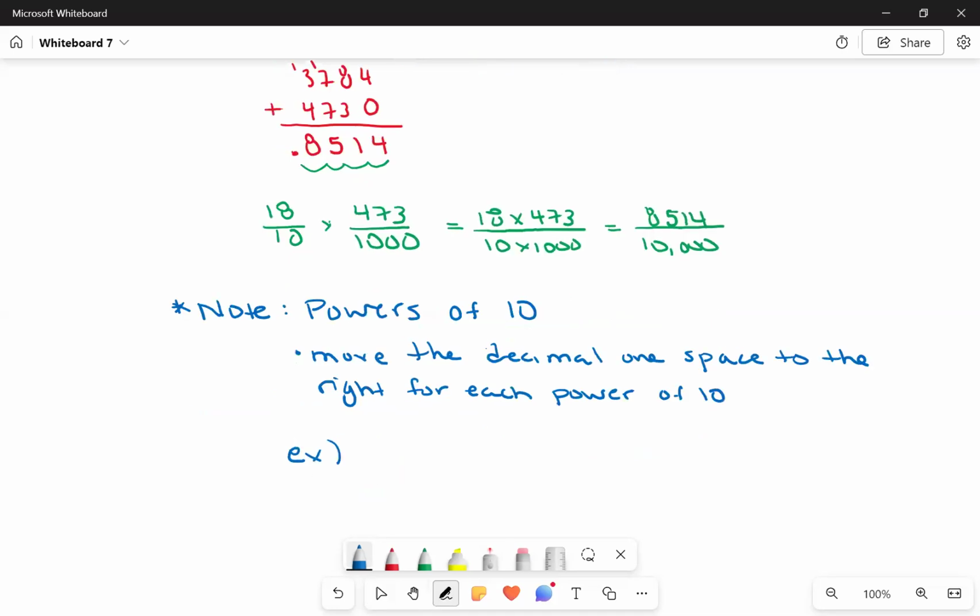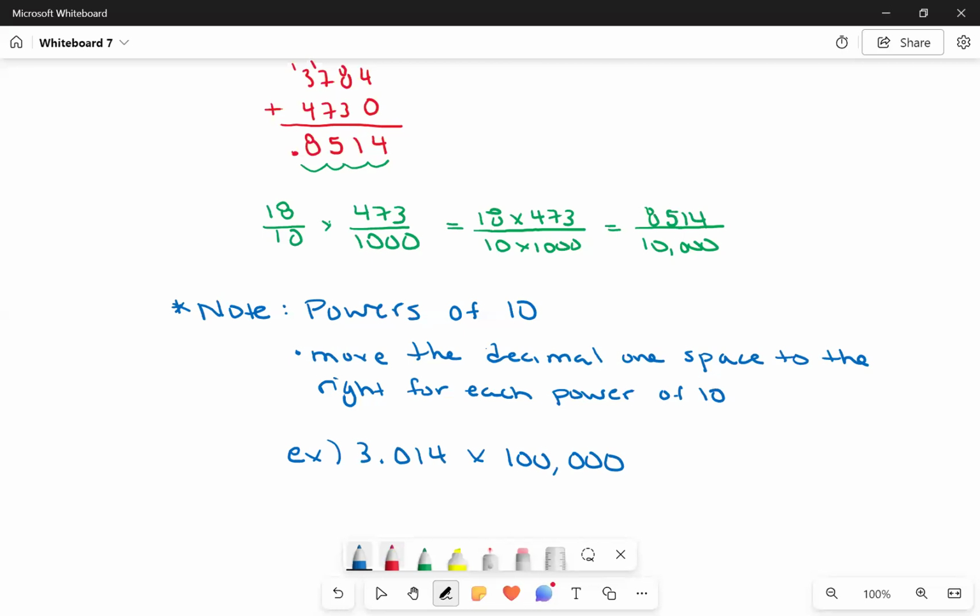Let's say I have 3.014 times 100,000. I don't really have to figure out what power of 10 100,000 is, because all I have to do is count how many zeros there are. Because there are 5 zeros in 100,000, that's 10 to the 5.